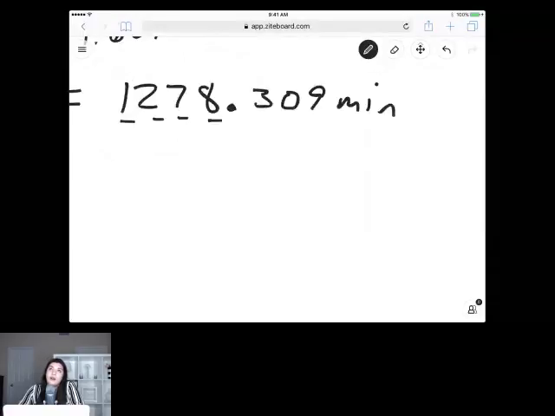So if you want to do less sig figs than you initially have, change this to scientific notation. In scientific notation, we have to take our decimal place and move it to where we have a non-zero number. So our non-zero number would be between that 1 and that 2. So I'm going to move this decimal place over 1, 2, 3.